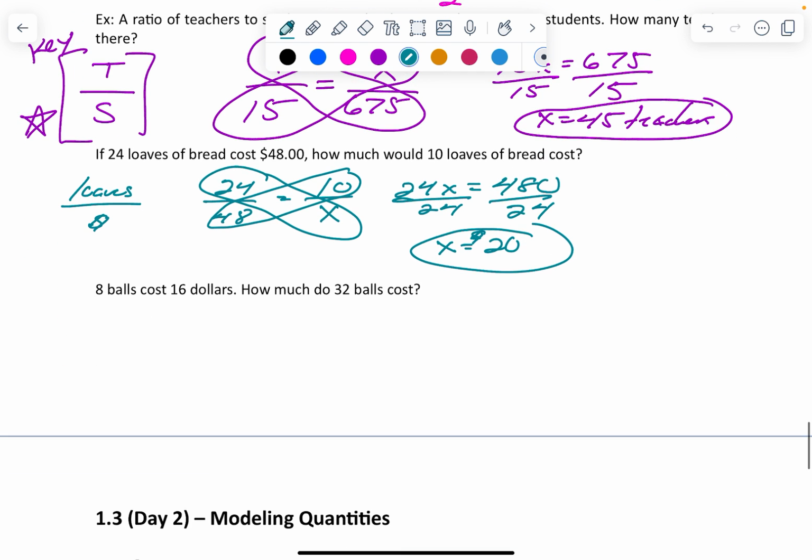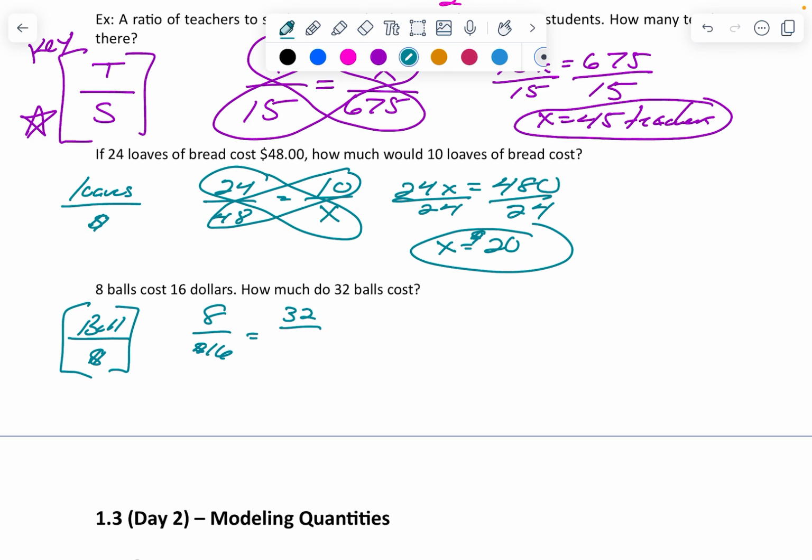Finally, if 8 balls cost $16, how much do 32 balls cost? So ball versus amount, there's my key. 8 balls, $16 equals, now we want to do 32 balls.